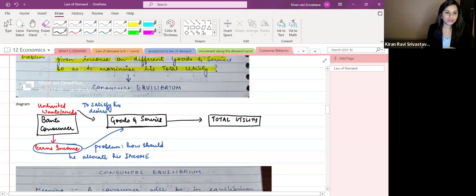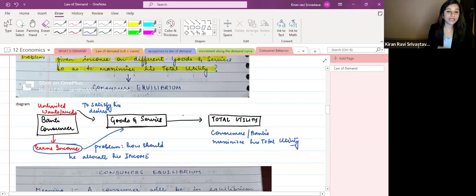Satisfaction means use, and use in economics we call utility, how much utility those goods and services are giving to us. In other words, total utility is the consumer, Bunty, maximizing his total utility. Also remember, I told you that the consumer is rational.